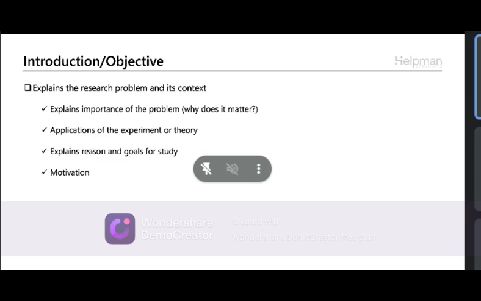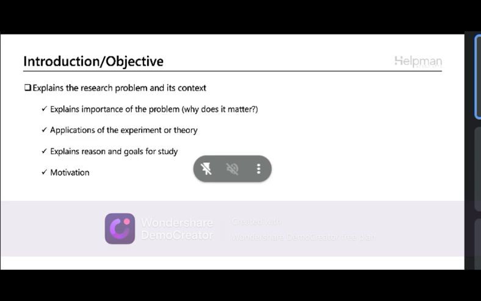Okay? So, first of all, the introduction and objective will be different from when you're doing input writing. Because in the introduction, you start explaining the importance of the problem, the applications of the experiment that you've conducted, or the theory. Explain the reasons and goals for the study and the motivation.